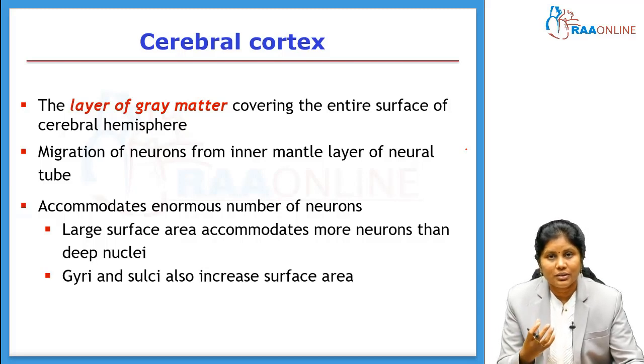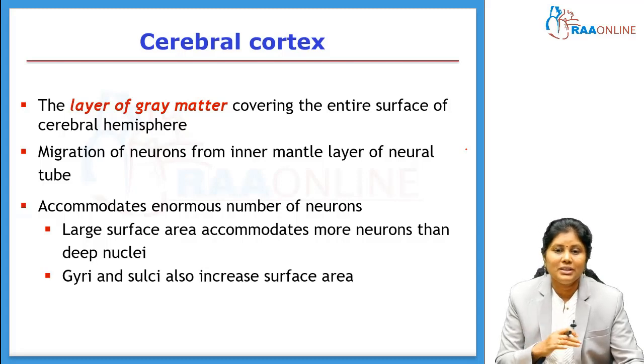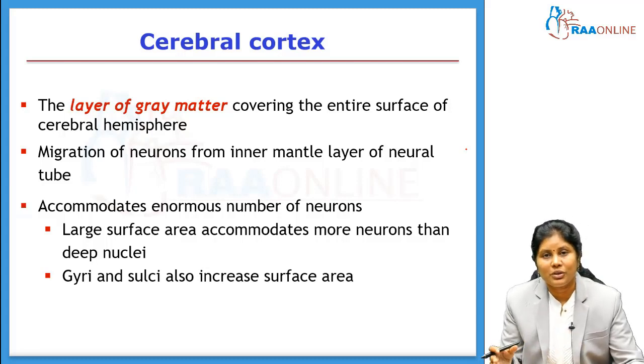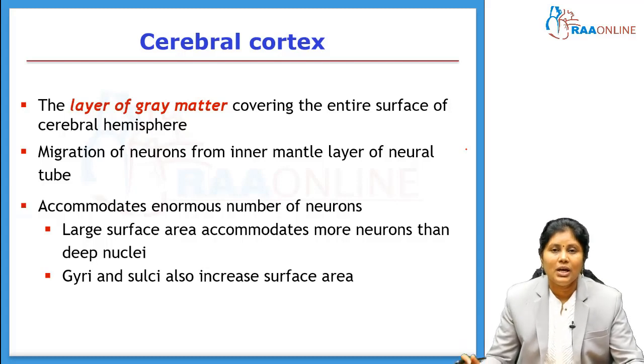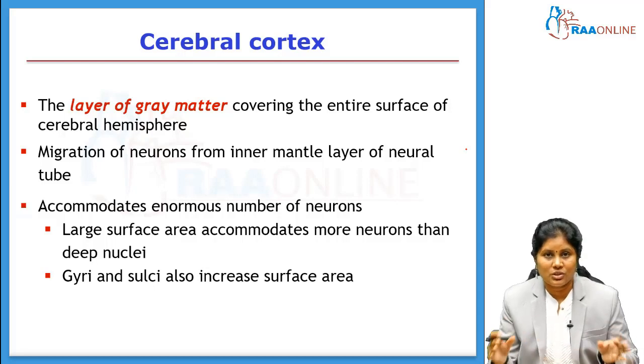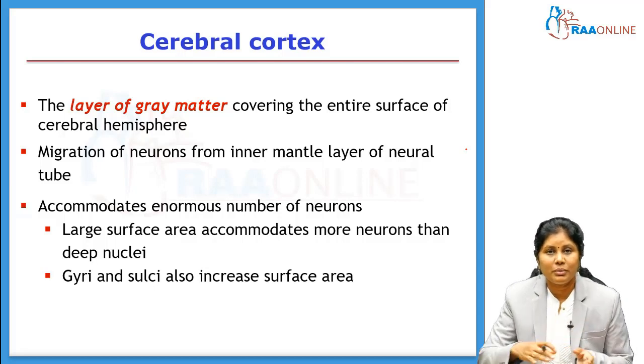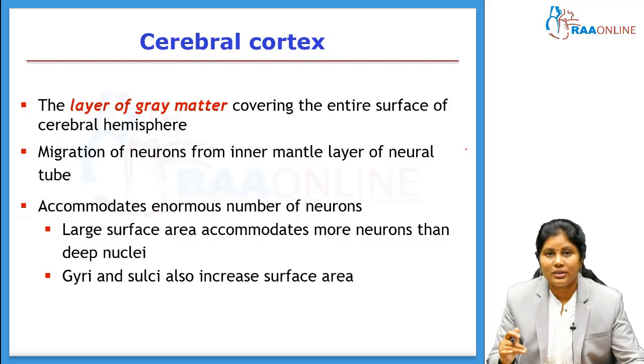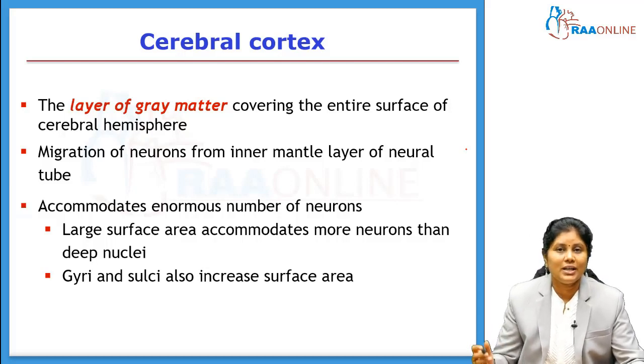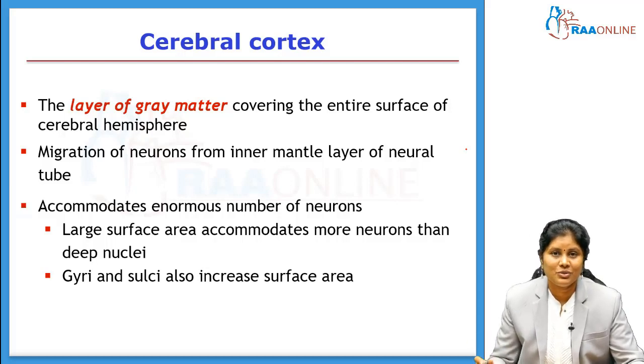These nuclei also contain neurons, but the surface area of the cerebral cortex is more, so it has more neurons. Apart from that, the cerebral hemisphere is not just one stretch, it is thrown into many folds called sulci and gyri. Because of these sulci and gyri, the surface area has increased so that it can accommodate a large number of neurons.